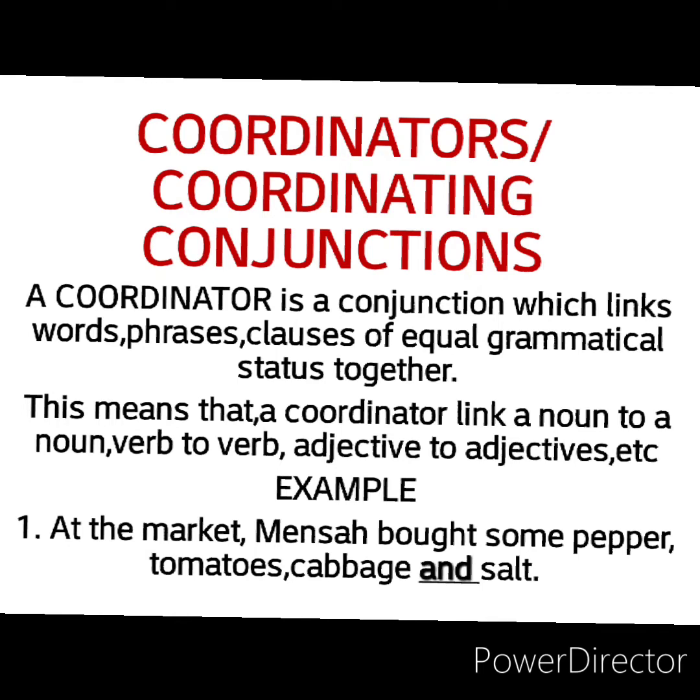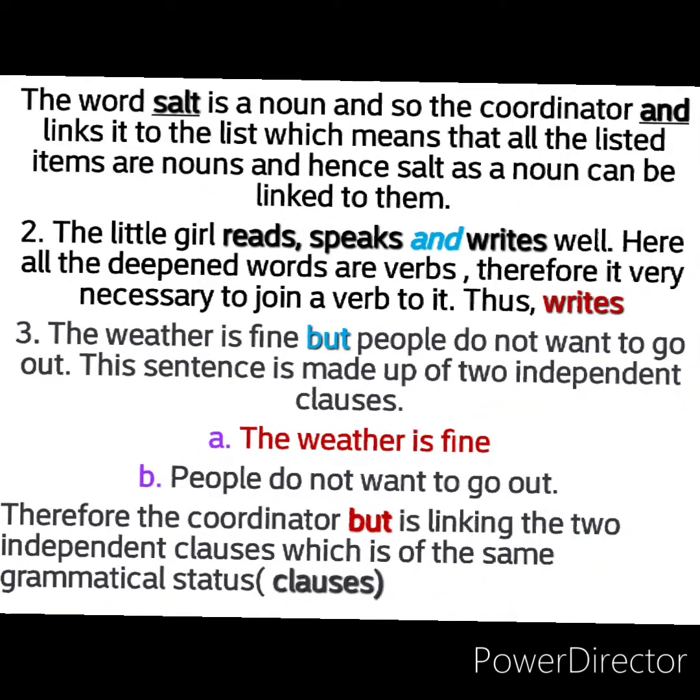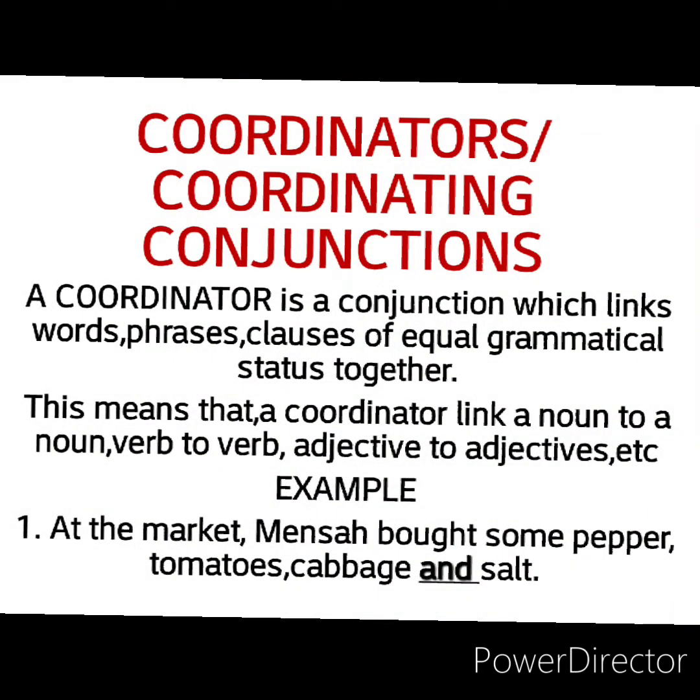This means that a coordinator links a noun to a noun, a verb to a verb, an adjective to an adjective. It's simple. So take the first example: at the market, Mensa bought some pepper, tomatoes, and cabbage.